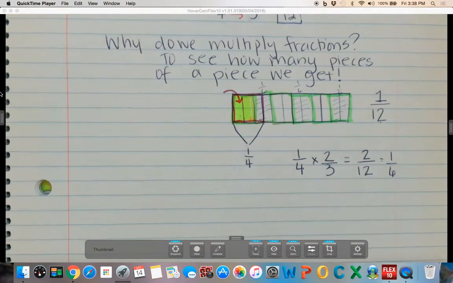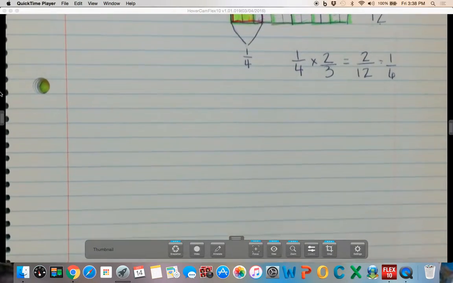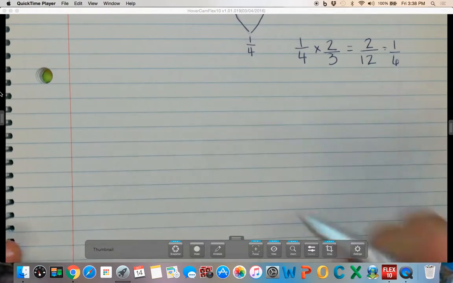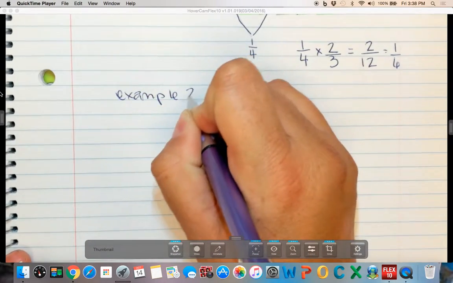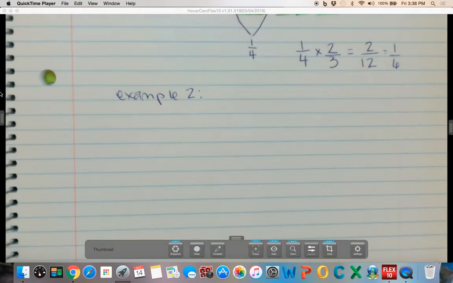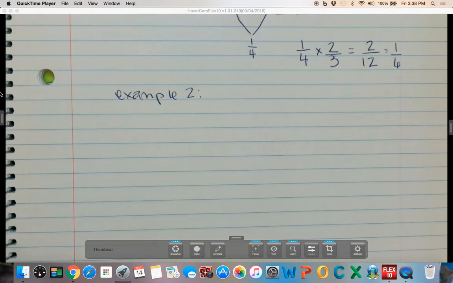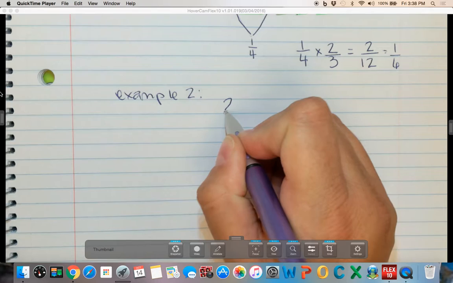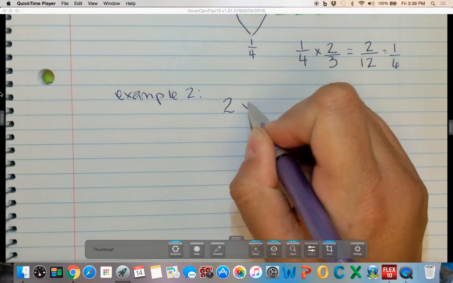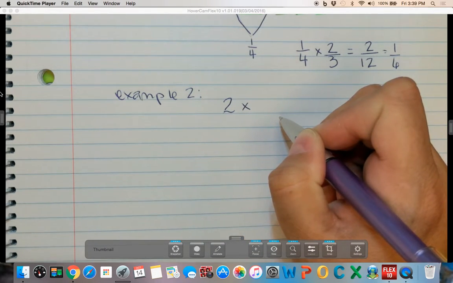All right, let's do another one so I can help you understand. Example 2. The question is 2, so we're going to start with the whole number, times 1/4.